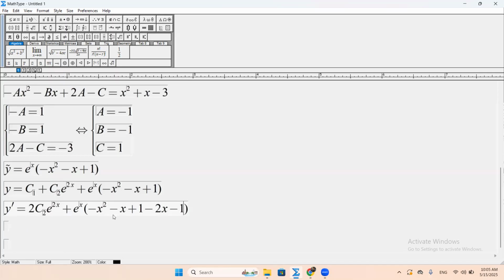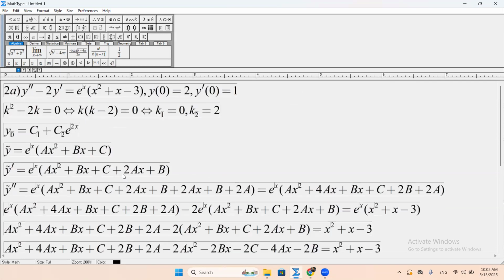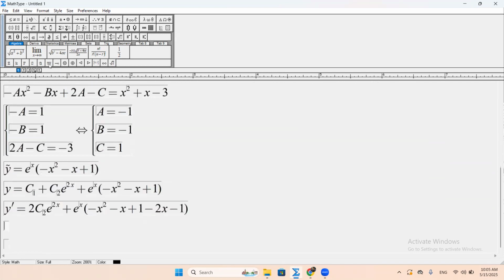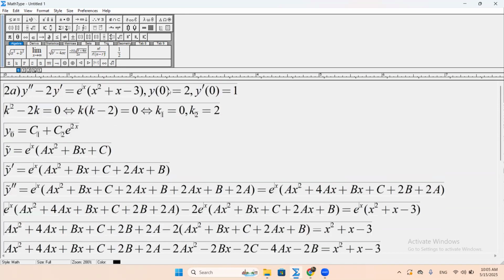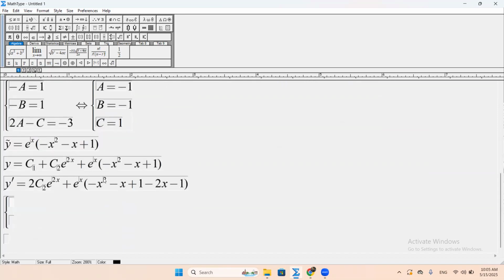Okay, now let's substitute these initial conditions to find constants C1 and C2. So y of 0 equals 2. So 2 equals C1 plus C2 plus, here will be 1, here 0, so plus 1.